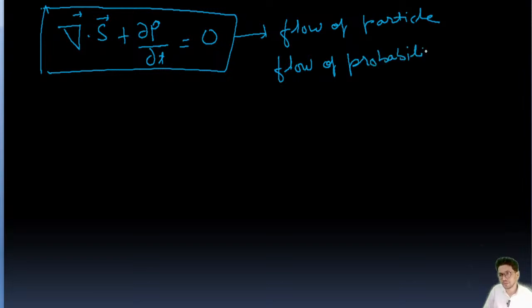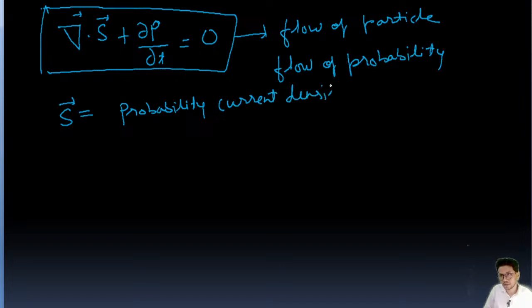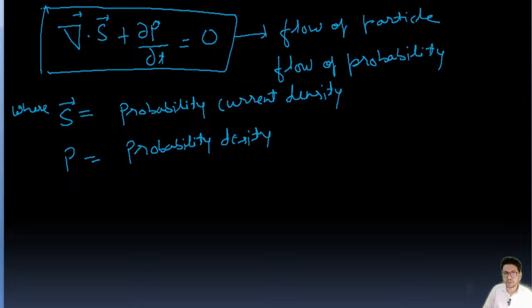Here S is called the probability current density, and P is the probability density, or we can say the probability of finding the particle.